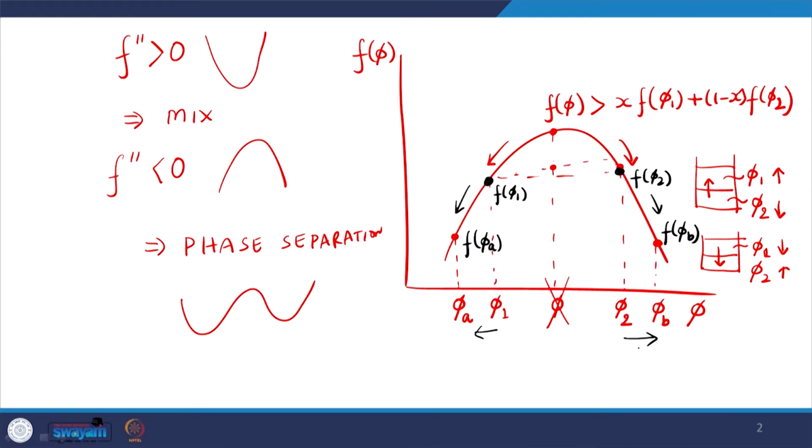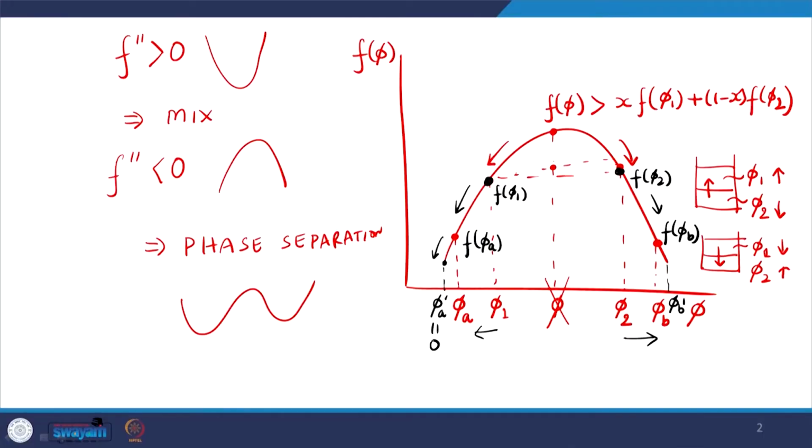But the same is true if I go further down there. That means, for example, if I think of a new state phi A prime here and phi B prime here, that will have an even lower energy in comparison to phi A and phi B.